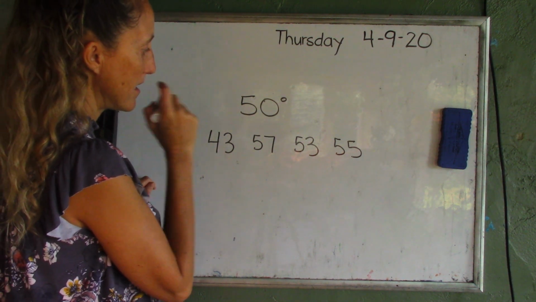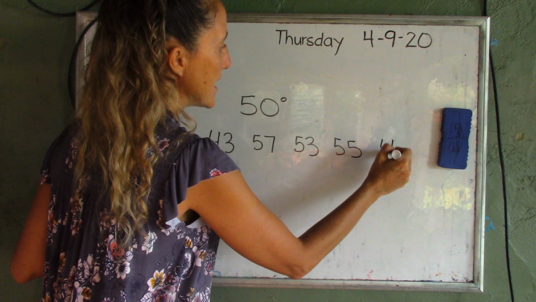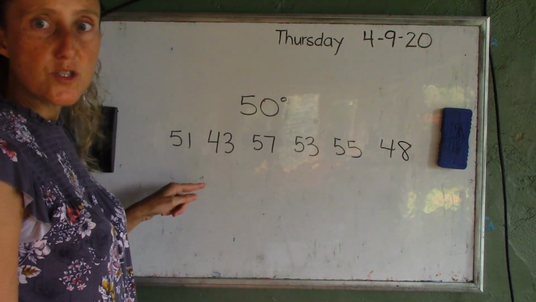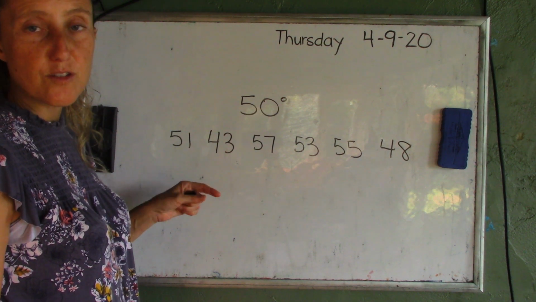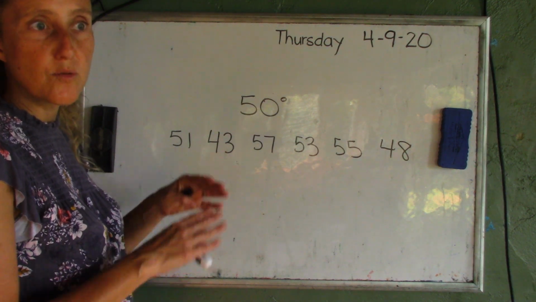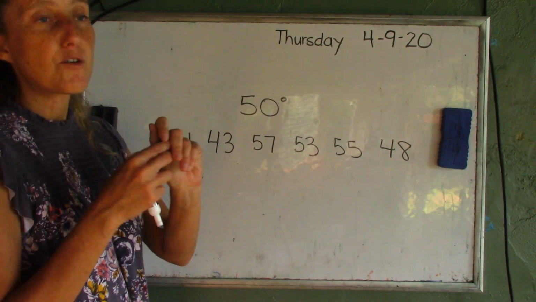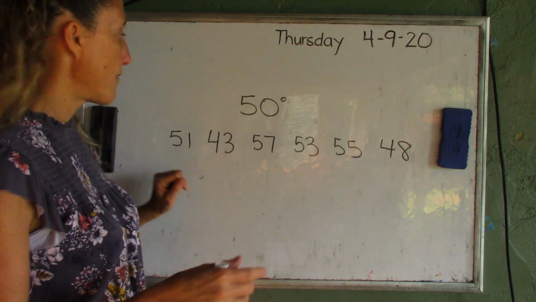And then let's do a 48. Okay. Which one of these temperatures, or there's more than one temperature, that when you round it, you can round it to 50. Now, I know we've talked about rounding before, but let's do a little review.